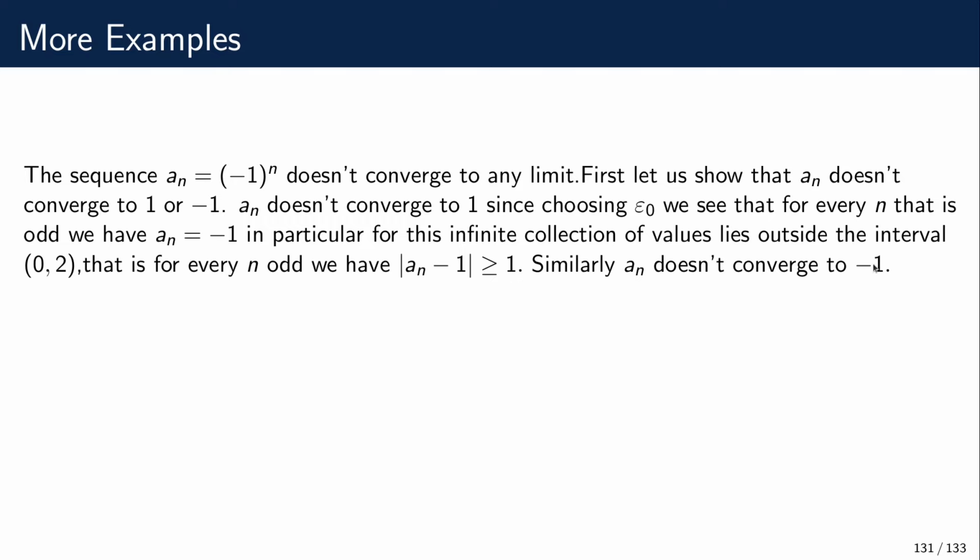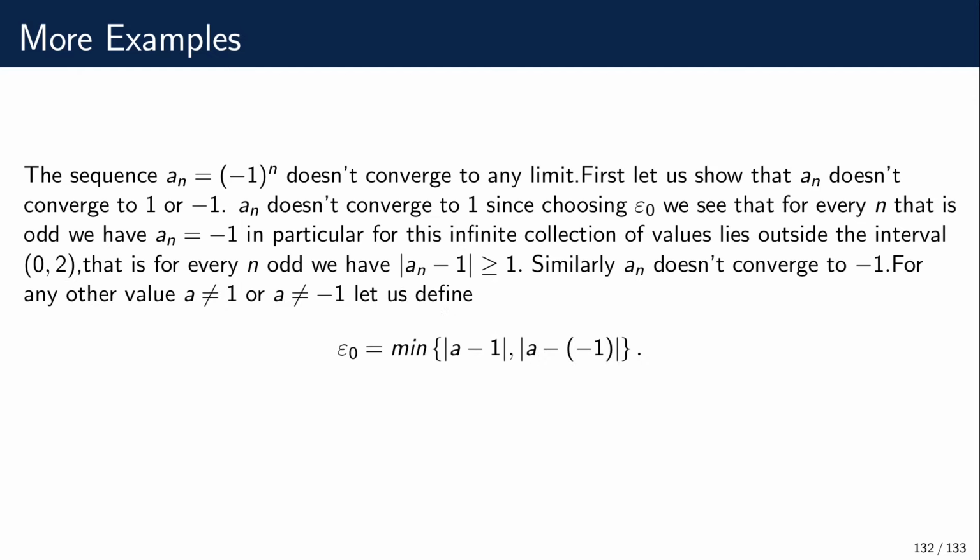And similarly with minus 1, right? This open neighborhood of 1 from 0 to 2 fails to contain infinitely many elements of the sequence, right? Okay, and similarly, the sequence does not converge to minus 1.